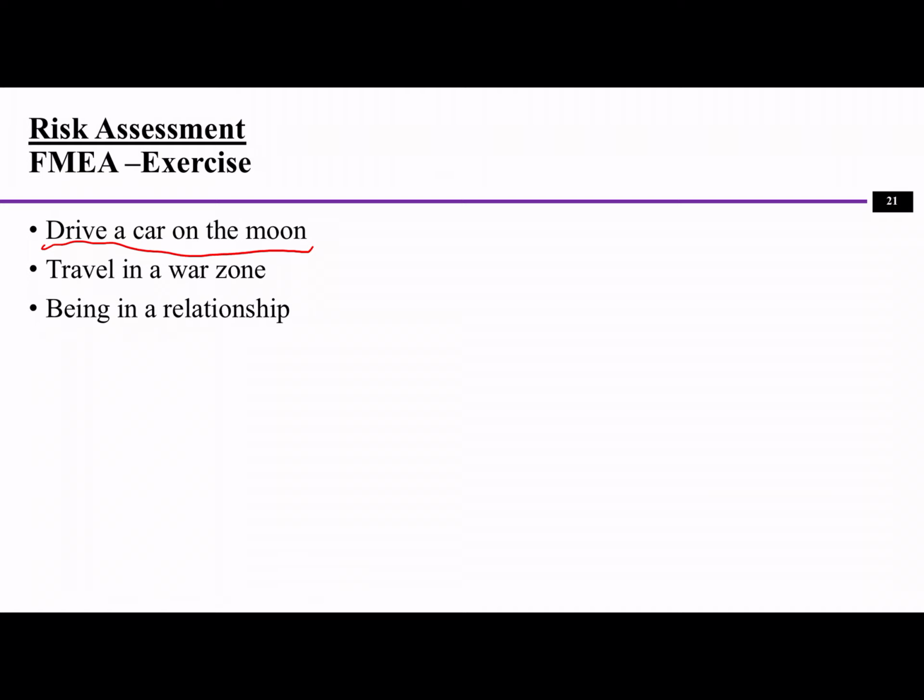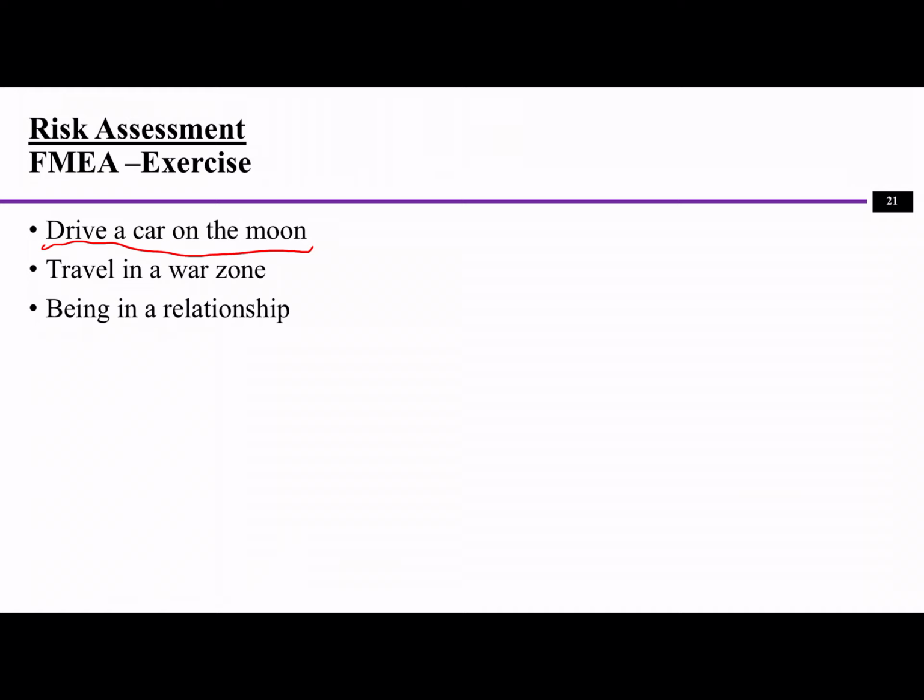Maybe the car can go wrong, or maybe your suit can go wrong as well. Then based on each failure mode, if the car goes wrong, what is the severity, right? How likely will it happen? Is it a high probability or a low probability? Then what is the impact if it goes wrong?